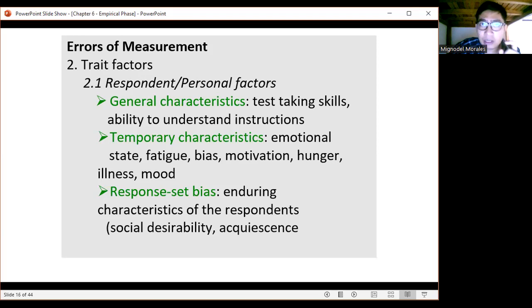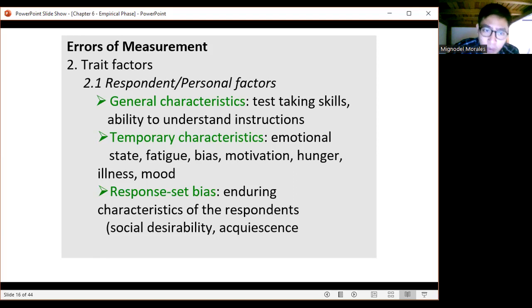Thus, you must ensure that they are knowledgeable in the use of our language, may it be Tagalog or English. If they have difficulty, you must translate it into their local language. Okay? Next is temporary characteristics. So emotion, fatigue, bias, motivation, hunger, illness, and mood.